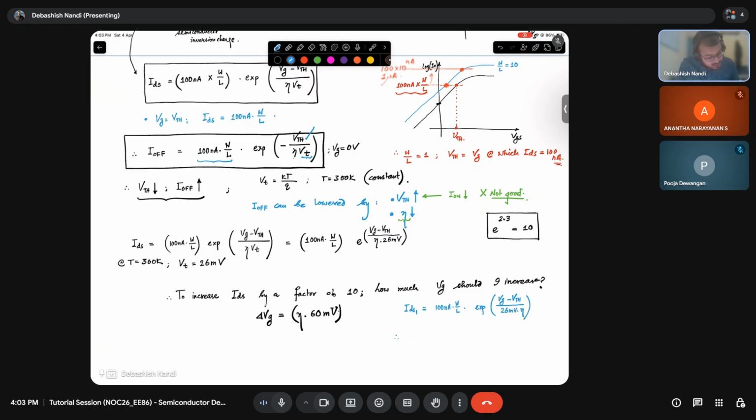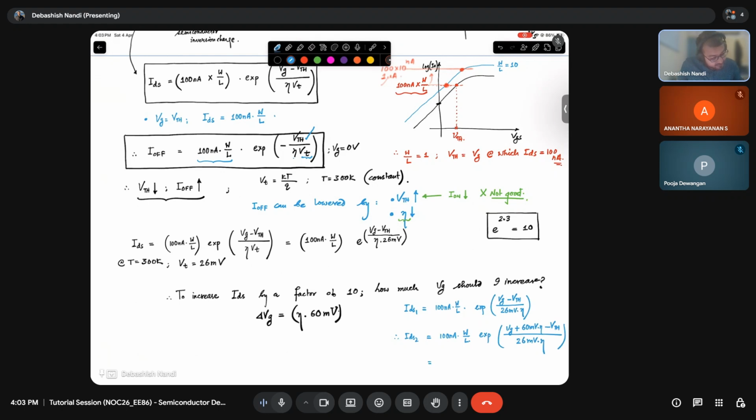Now I have IDS2, that is 100 nanoampere times W by L exponential Vg plus 60 millivolt times eta minus Vth divided by 26 millivolt times eta.